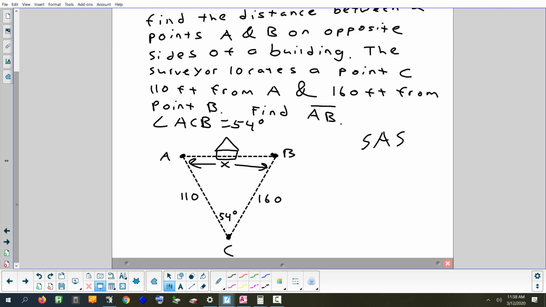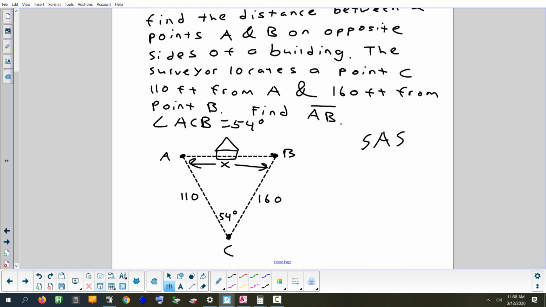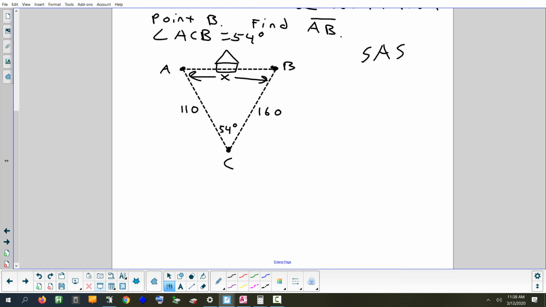So let's set up law of cosines using the pattern: 1 side squared equals the sum of the other 2 squared, minus twice the other 2 times the cosine across from what you started with. When I set this up, what letter am I going to start with? X squared. Yep.